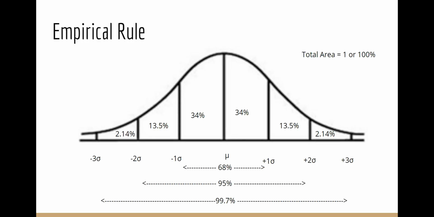Somebody scoring really, really high on an IQ test, right? 2.14%. Then 3 standard deviations above or below the mean and beyond is not even a full percent, not even a 0.5%. It's very, very rare, 0.14%. In other words, if you were to add up all these percentages that we have listed out underneath our curve, it should add up to about 100%.